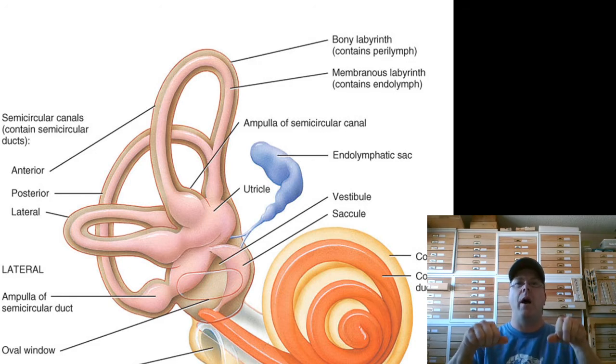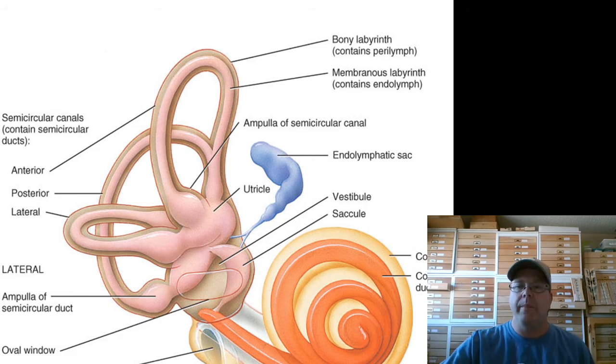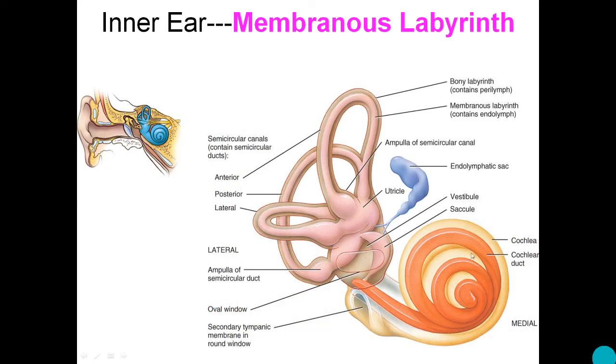As you mow, you can hum the pitch of your lawnmower, and that is actually the pitch coming in to your organ of Corti. So think of this organ of Corti as a series of piano keys, and we're going to be vibrating the organ of Corti at a specific spot.